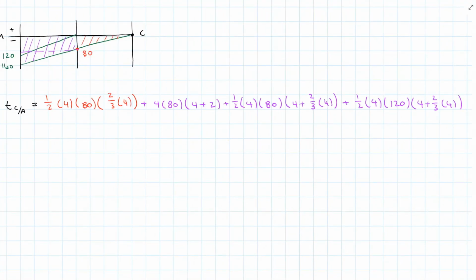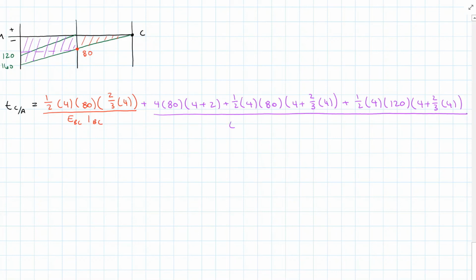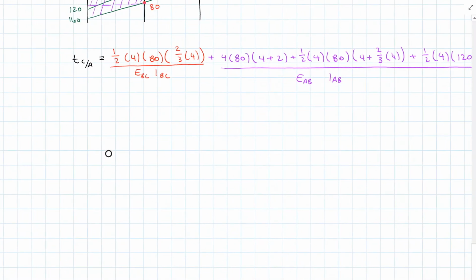And remember, we have our two different cross sections and material properties. So this is E BC and I BC, where all of this purple is over E AB and I AB. Okay, so that's why I'm sticking with my colors here.